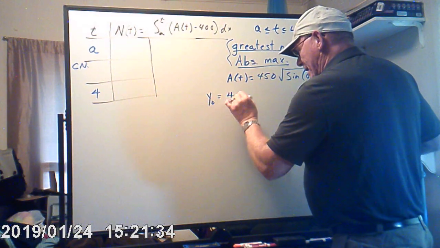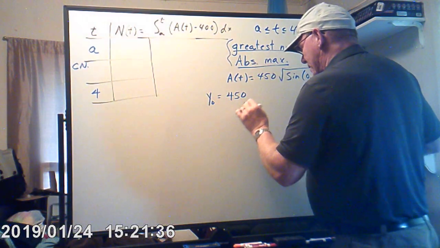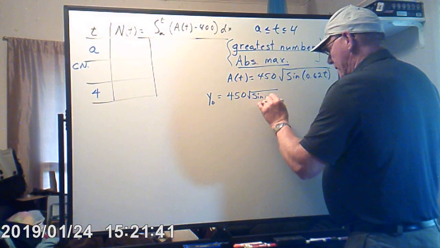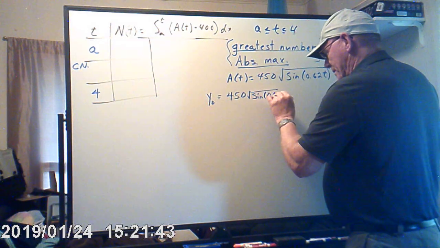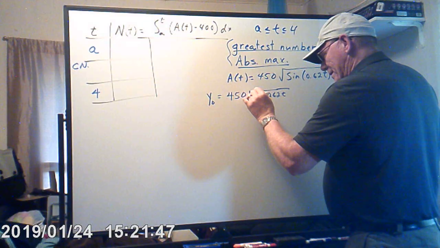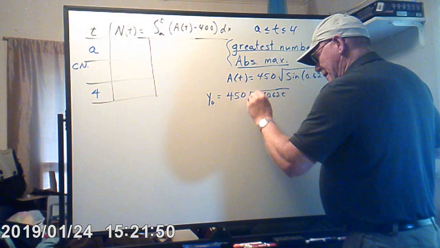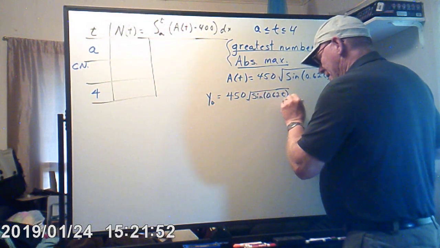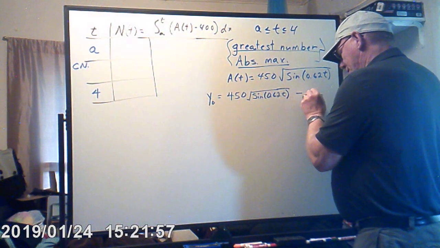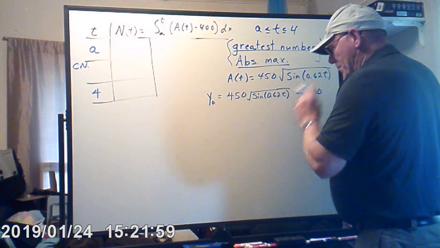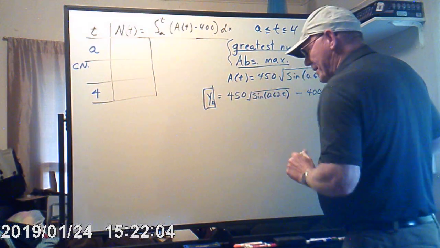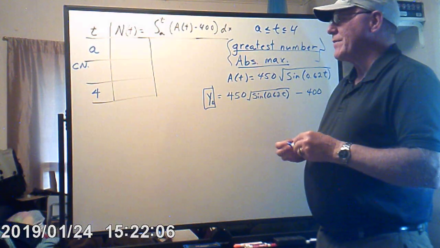I'm just going to say y sub 0 is the square root of sine of 0.62t, and make sure that the square root symbol extends all the way to the t, and you can close that off with parentheses, and then minus 400. You want to have that already stored right there. Put it in there. Now that takes care of that.